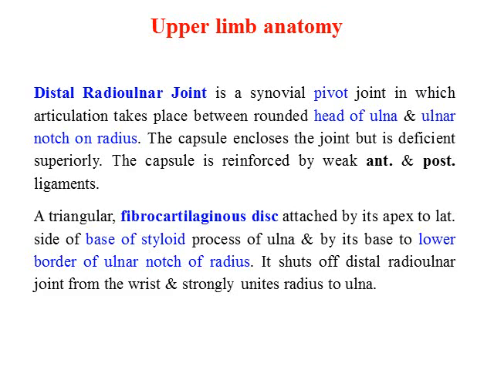A triangular fibrocartilaginous disc, which is often referred to as the articular disc, is attached by its apex to the lateral side of the base of the styloid process of ulna, and by its base to the lower border of ulnar notch of radius. It shuts off the distal radioulnar joint from the wrist joint and strongly unites radius to ulna.